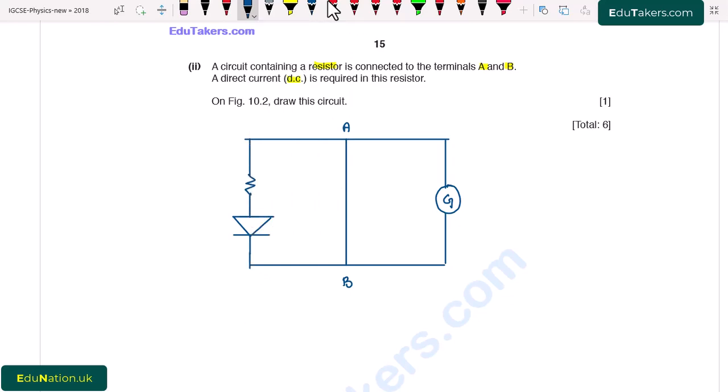So this is a complete circuit. This is resistor R and here is the diode. It is used to convert the alternating current into direct current, and this galvanometer is used to measure current.